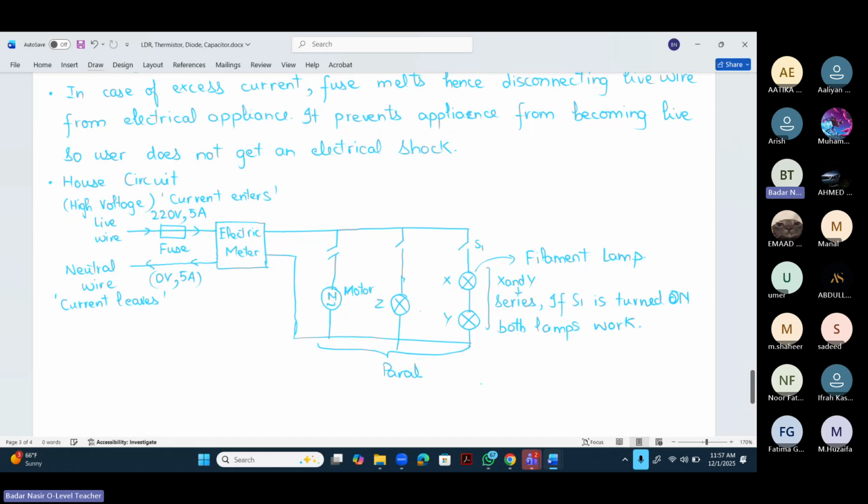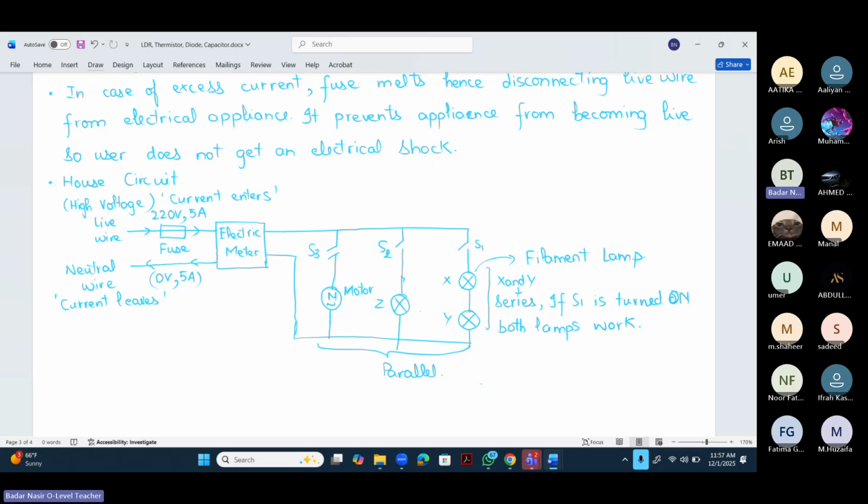Now look beta, we have connected them in parallel. This means you can separately control them. If you turn on switch S2, only lamp C will work. If you turn on switch 3, only the motor will operate.